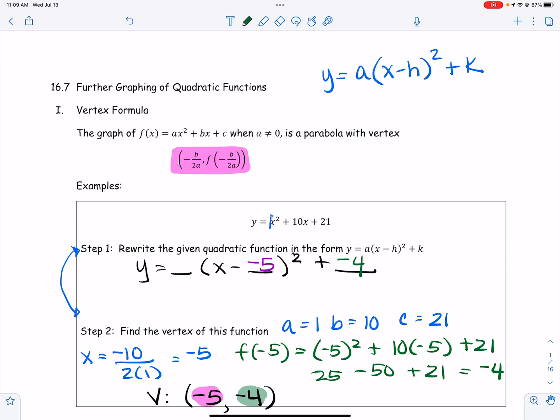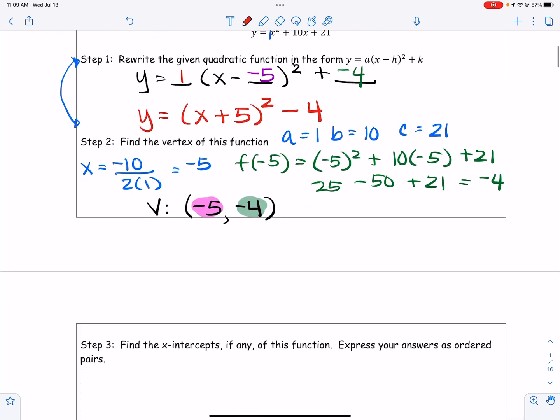And then, of course, the a is just 1. So now I'm going to clean it up. My formula is going to be x, negative makes that plus 5 quantity squared, and plus a negative, I'm just going to write as -4. So that's the quadratic function written in vertex form.